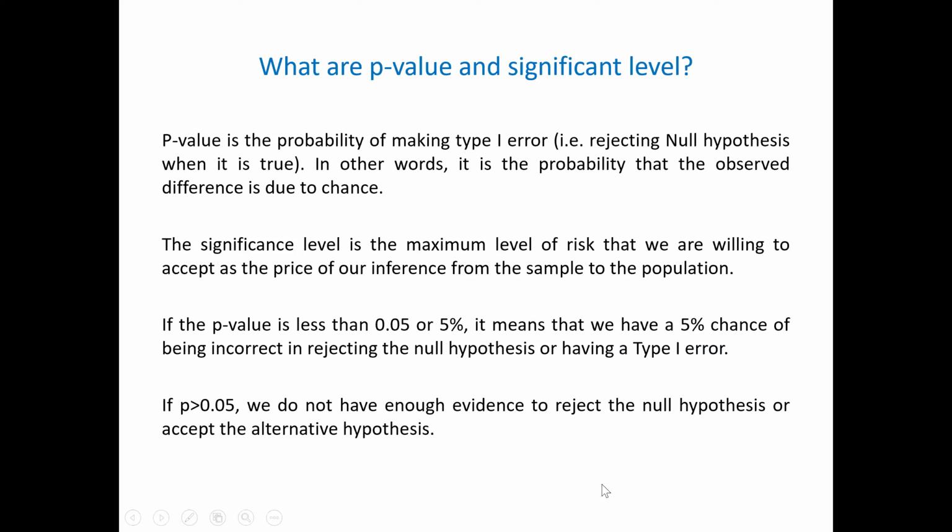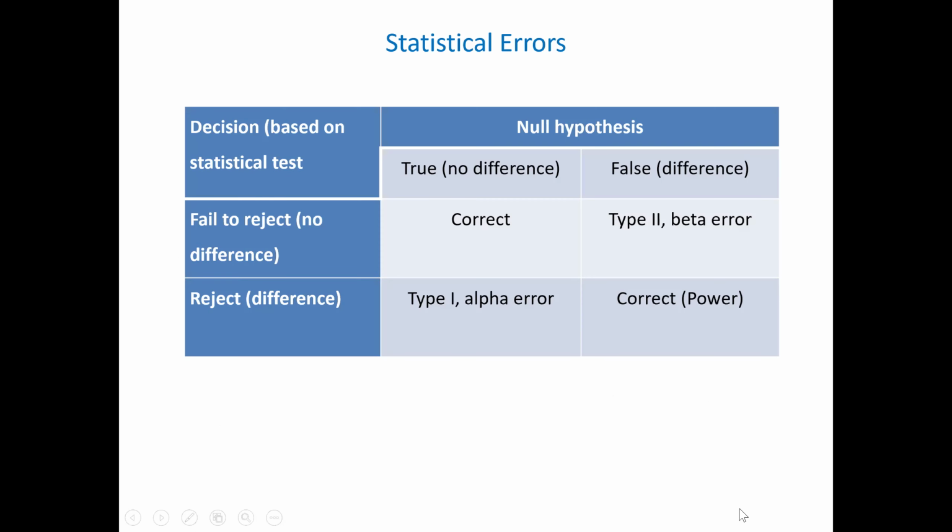Okay, let me ask a question. The probability is on a scale of 0 to 1. Committing type 1 error means that there's no difference, but you say there's a difference.